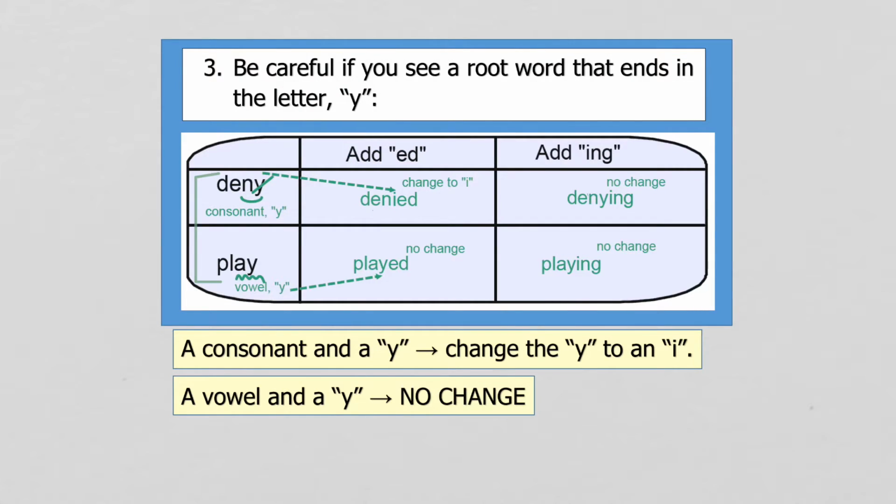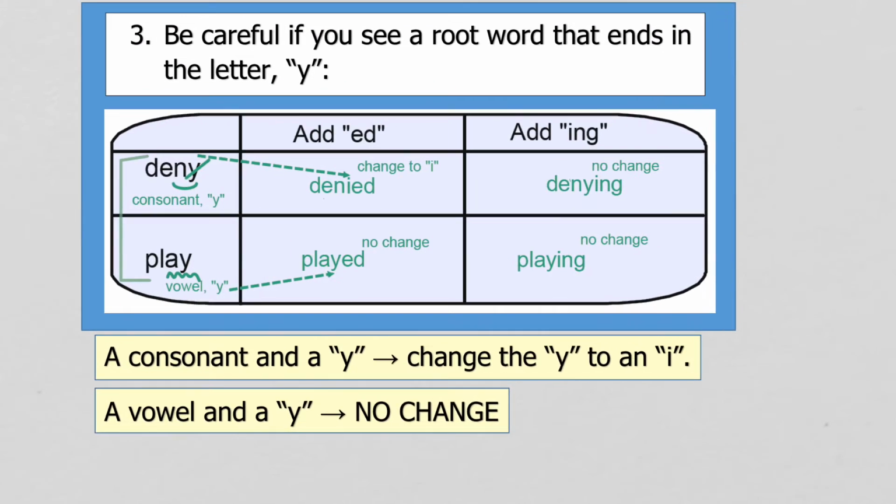Now, another thing to remember is to be careful if you see a root word that ends in the letter Y. Alright, so let's look at a few different words. And essentially what you need to know is that if you have a consonant and a Y, then you need to make a change. But if you have a vowel and a Y, then you do not need to make any change.